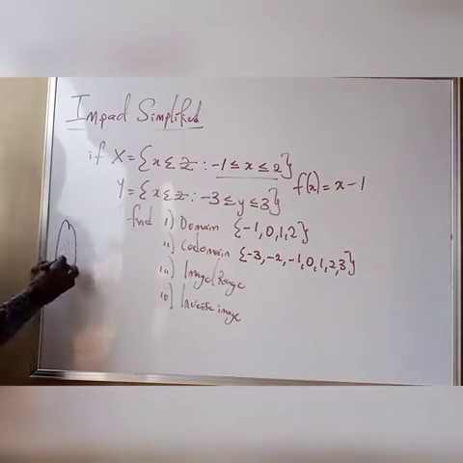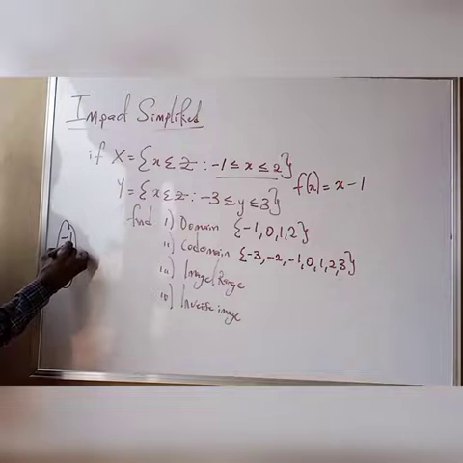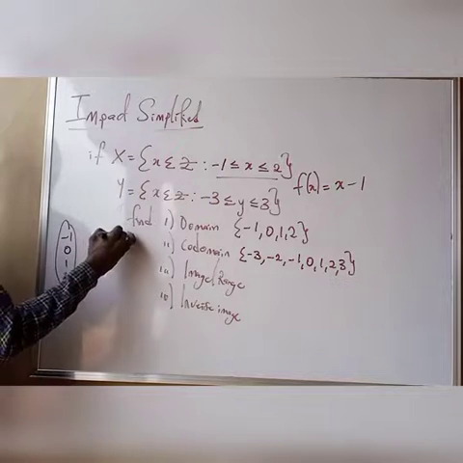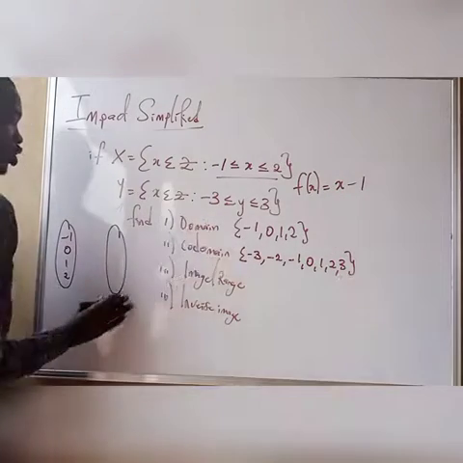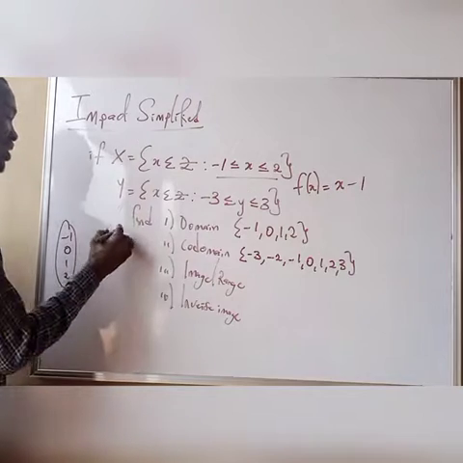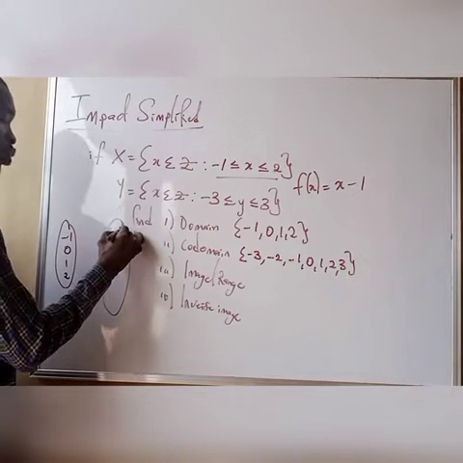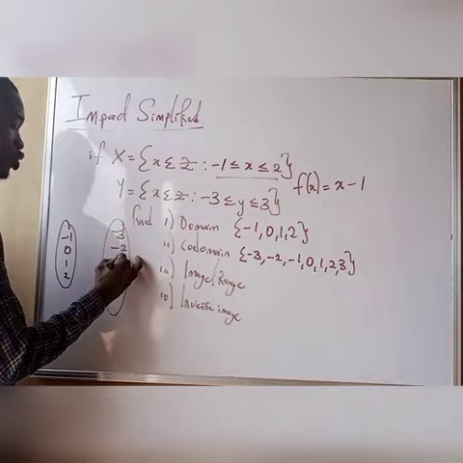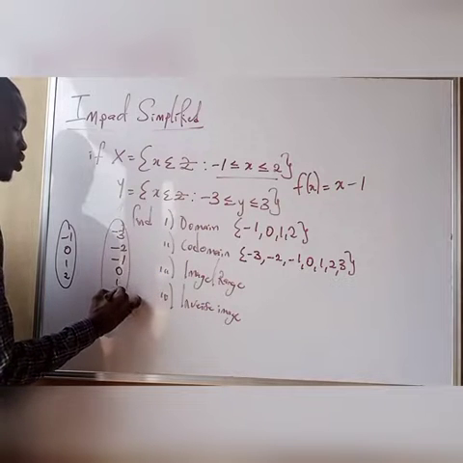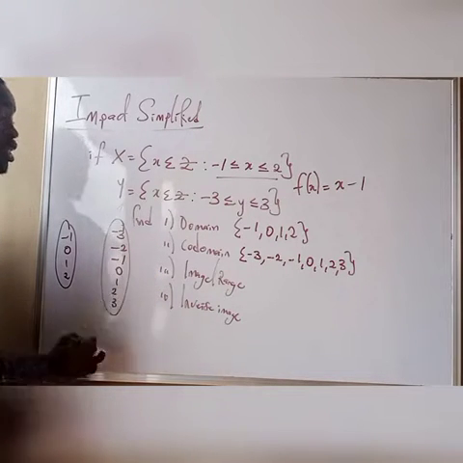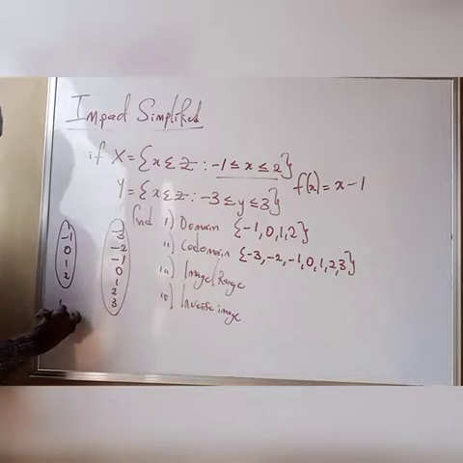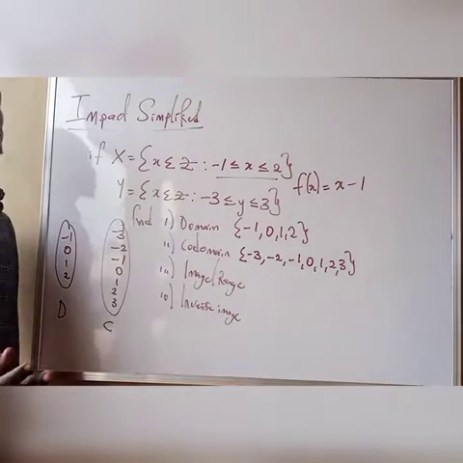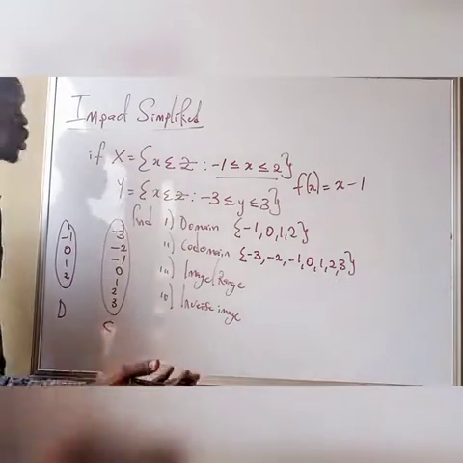Let us look at it graphically. Your domain will give us minus 1, 0, 1, and 2. And what is your codomain? Your codomain will give us the larger set of numbers, and that will give us minus 3, minus 2, minus 1, 0, 1, 2, and 3. Now this is your domain, and this is your codomain. There is no relationship between them.